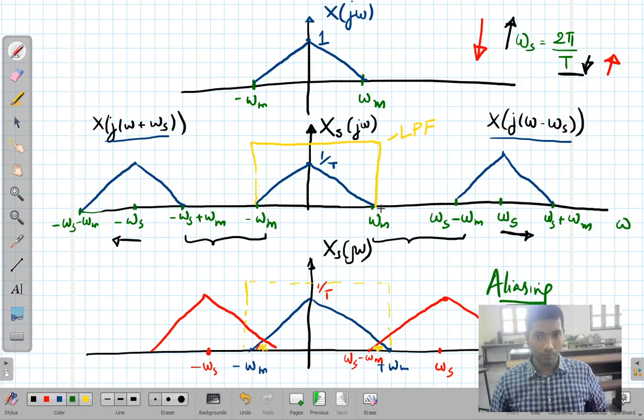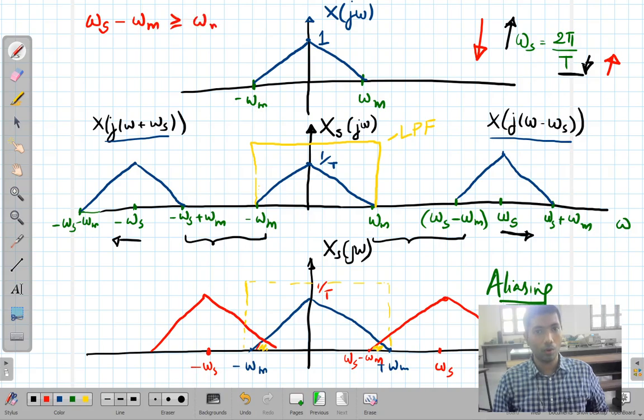Okay, so now we are left with the final thing, the condition for the sampling theorem. From this figure we can see that we require omega s minus omega m to be greater than or equal to omega m, right?